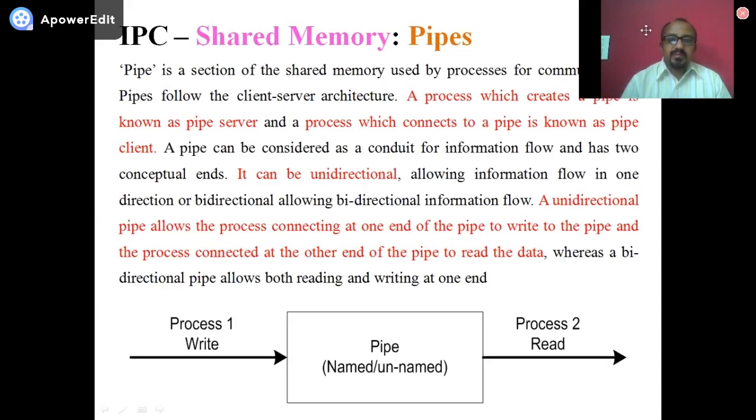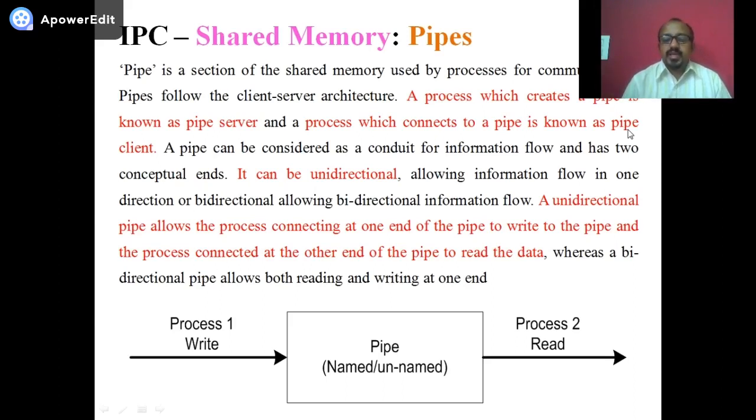Next, the IPC shared memory pipes. The pipe is one more structure where the process which creates the pipe is called a pipe server, and the process which connects to this pipe is known as a pipe client. The pipe server will place the messages in that memory area, and the pipe client, that is process 2, will read the information from it.